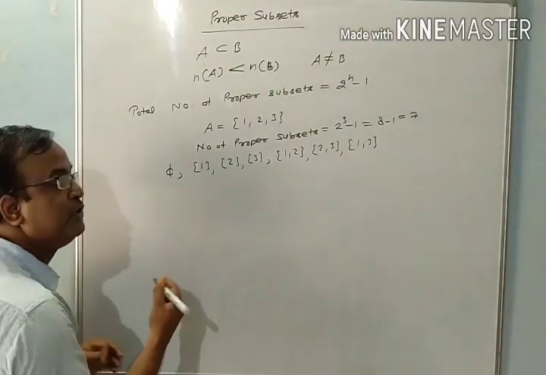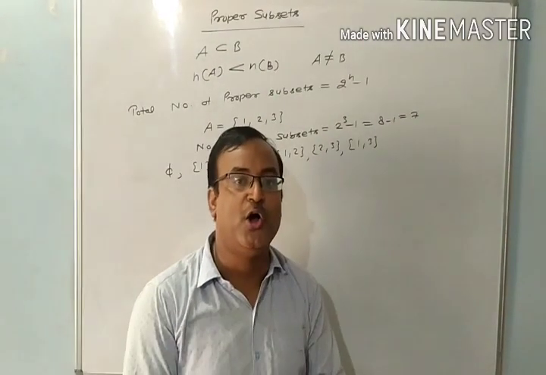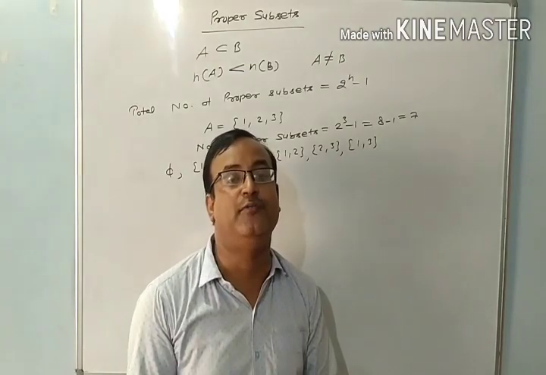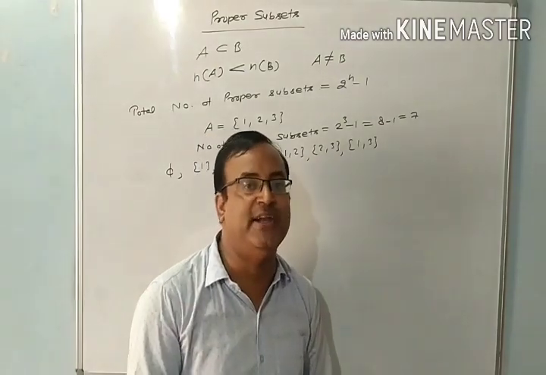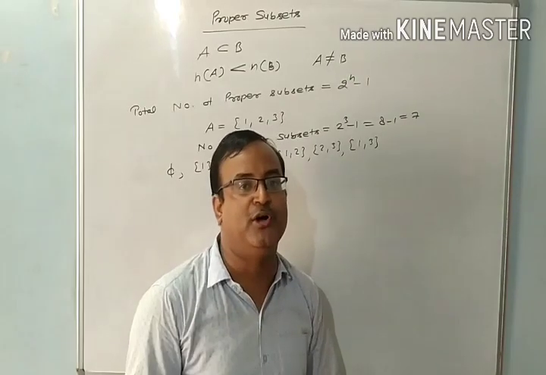Now I am going to prove why the total number of proper subsets is equal to 2 to the power n minus 1, where n is the total number of elements in the set.